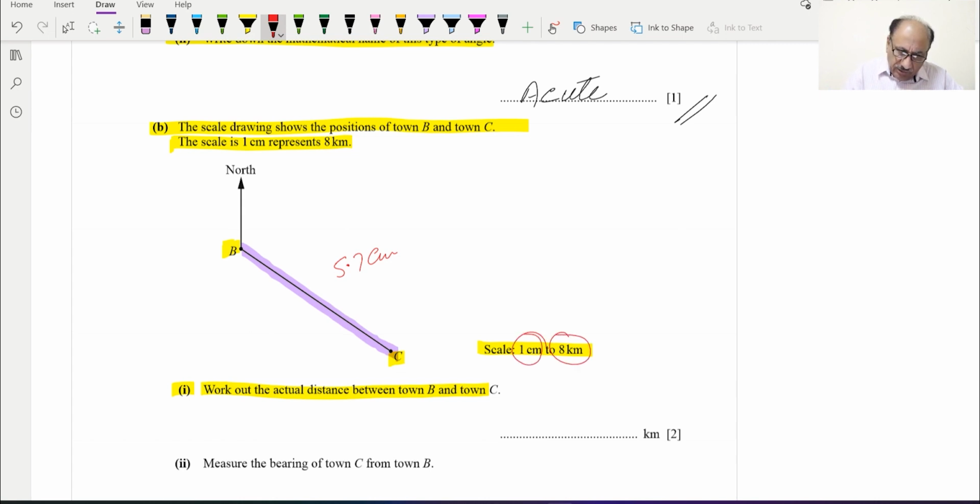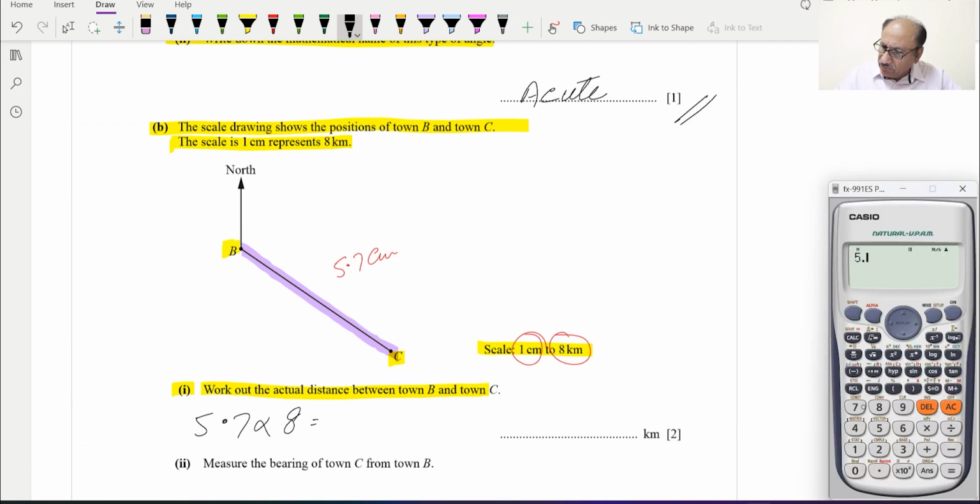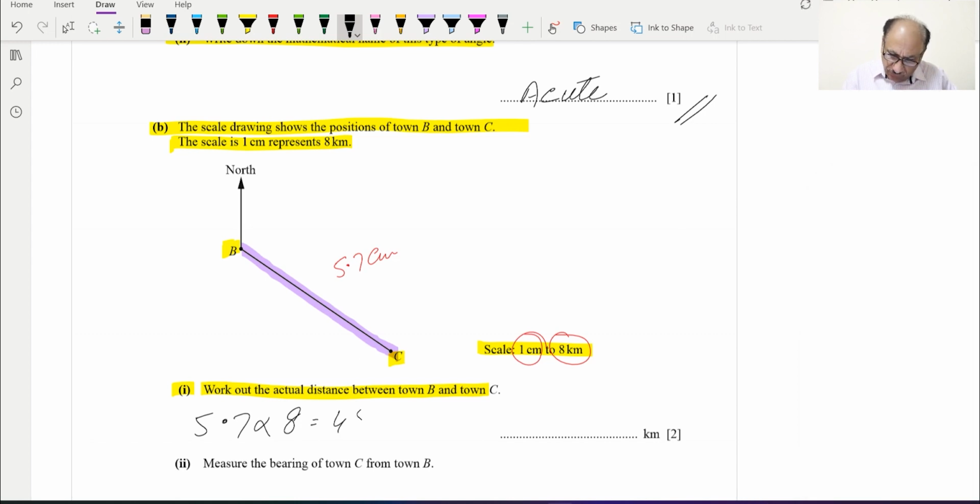So we will multiply 5.7 by 8, and this will be the answer in kilometers. 5.7 into 8 is equal to 45.6 kilometers. So our answer will be 45.6 kilometers, and this is for 2 marks. Hopefully you got this.